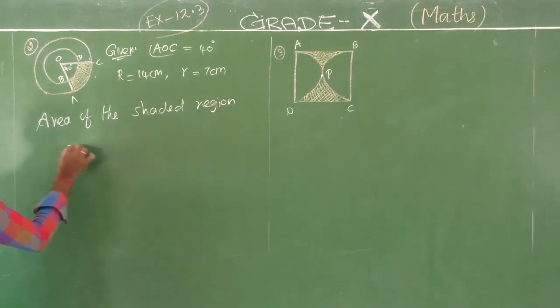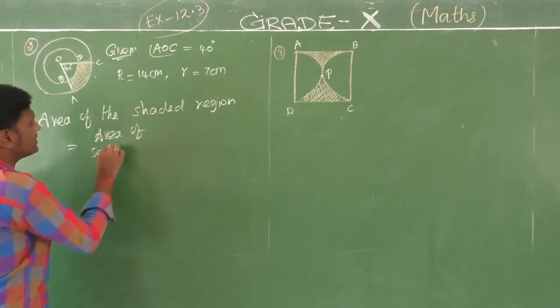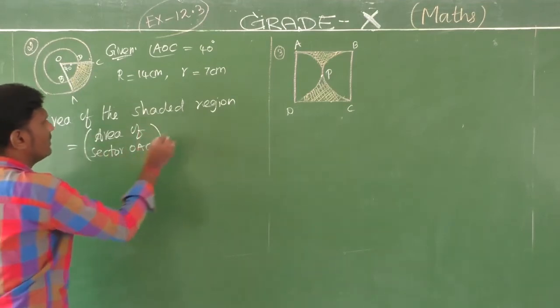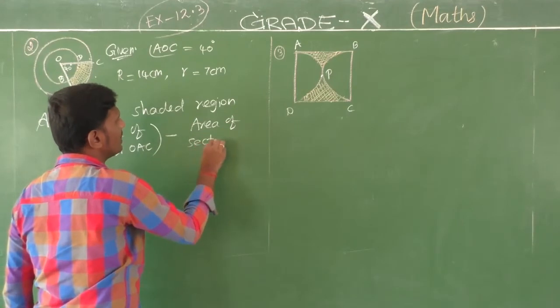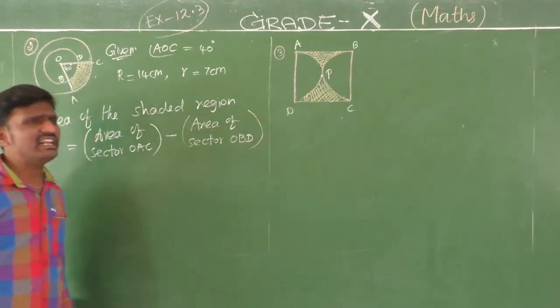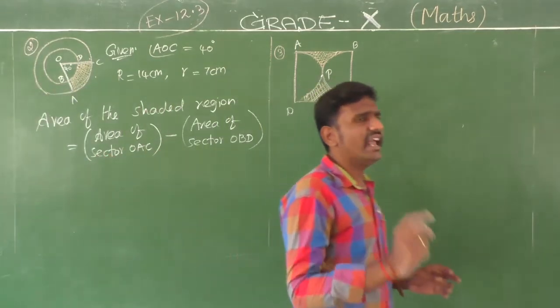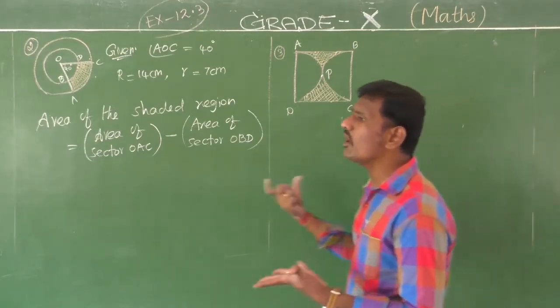Now area of the shaded region equals area of sector OAC minus area of sector OBD. Always write the area of the biggest sector minus the area of the smallest sector.